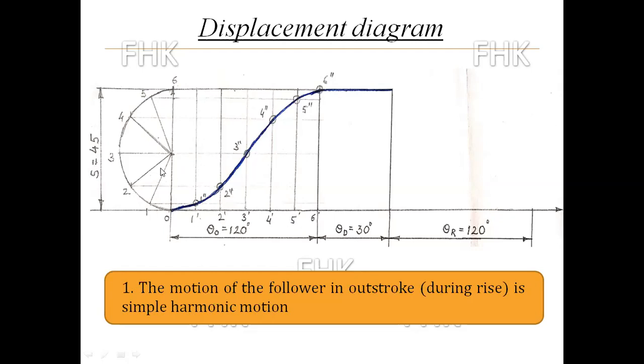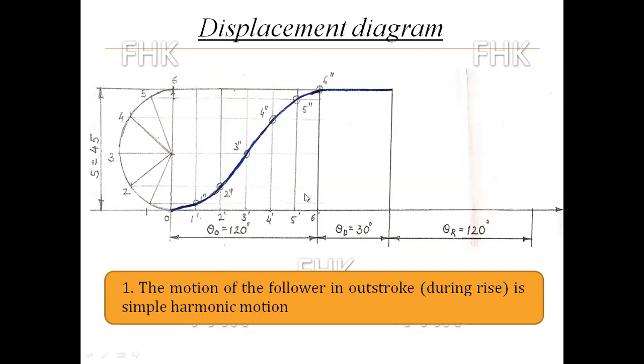So one part will be 30 degrees, and I will give the numbers from bottom to top, as the follower is moving from bottom to top as there is a lift or rise.